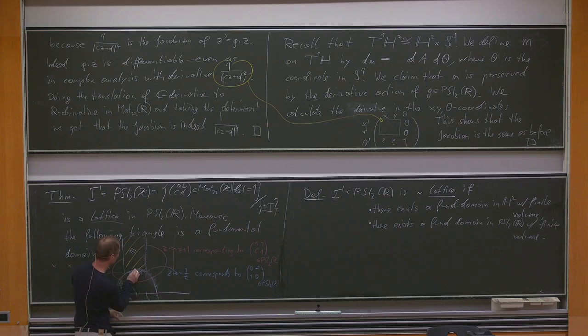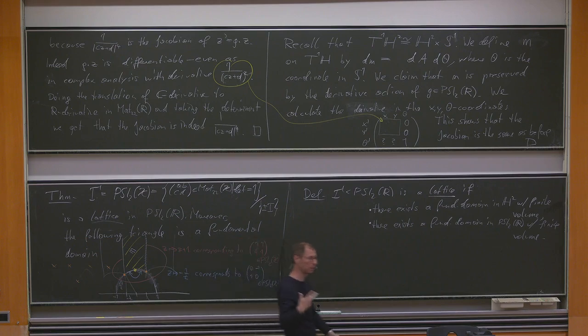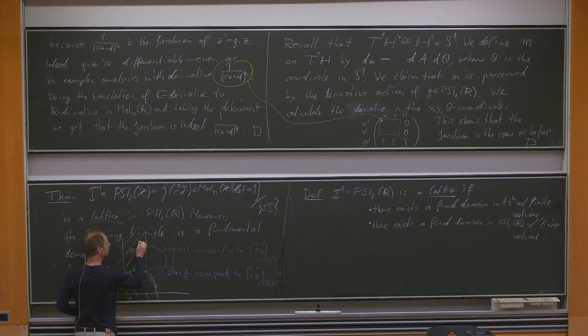So this point is creating trouble, and this point is also creating trouble. Let's quickly talk about what the trouble is. If you take a point here, or also a point here, and you look at all vectors attached to it, they are all inequivalent.